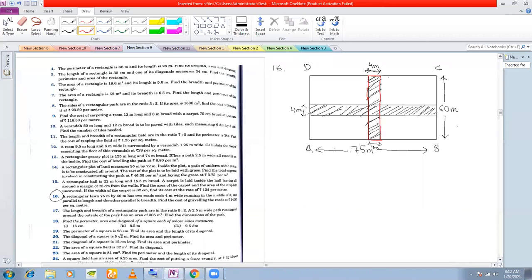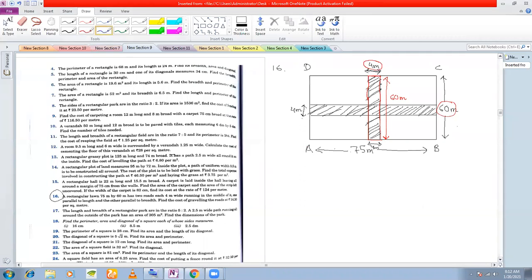Sir, 60. You see this 60 here. The length is 60 meters. Understood? And what is the breadth? Breadth is 4 meters. So you can find out the area of this rectangle.